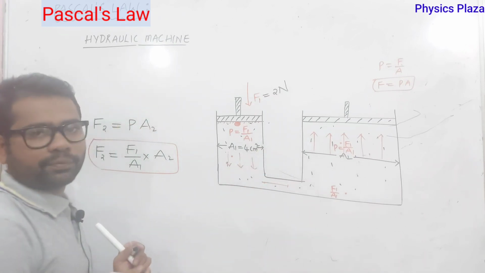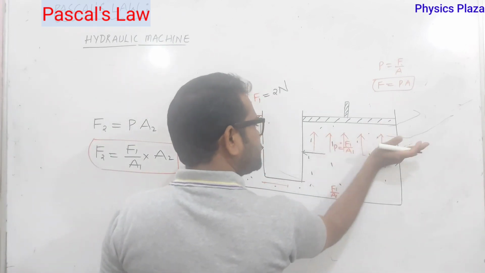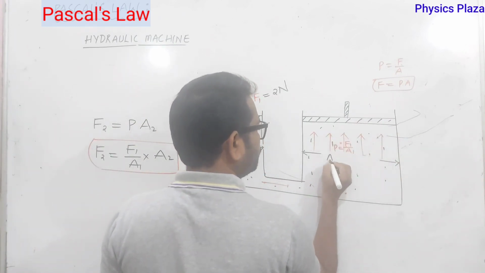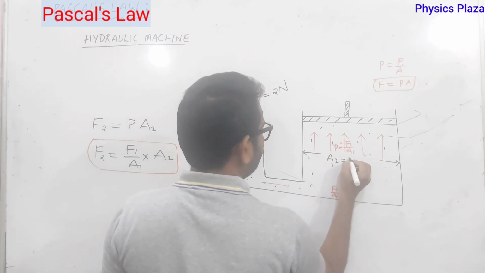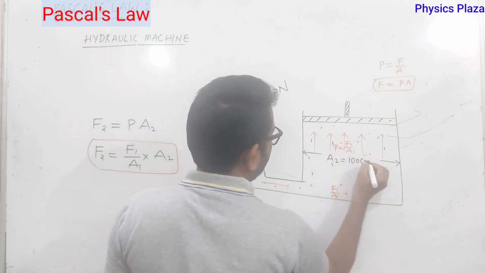The surface area of this larger piston A2 is given as 100 centimeters square.